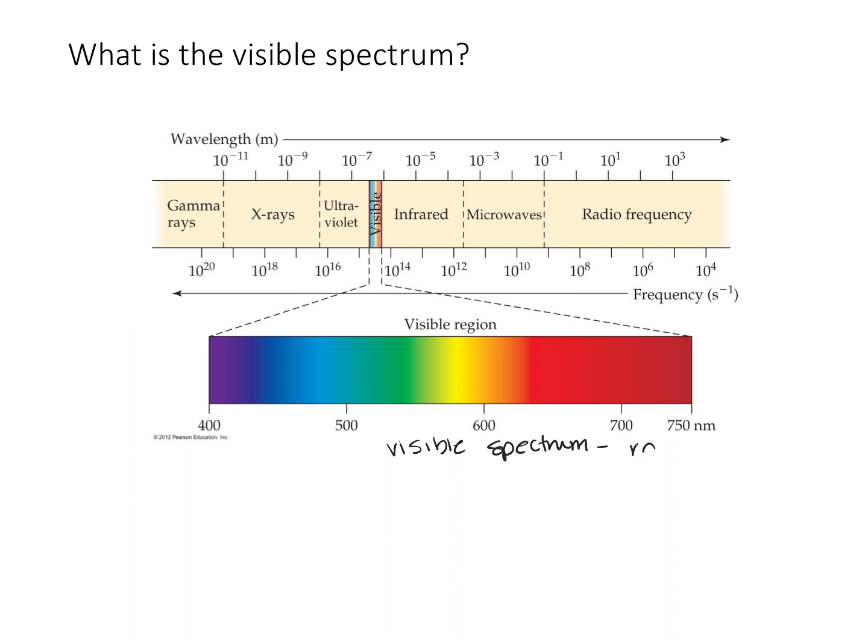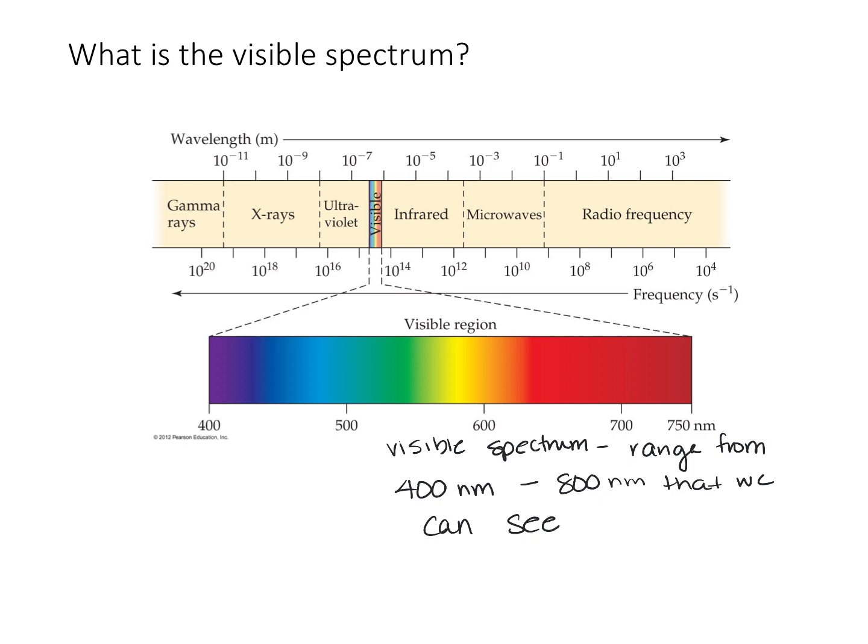So these are the ranges from about 400 nanometers to, some sources say 750, some say 800 nanometers, that we can see, okay? And so that's our visible spectrum.